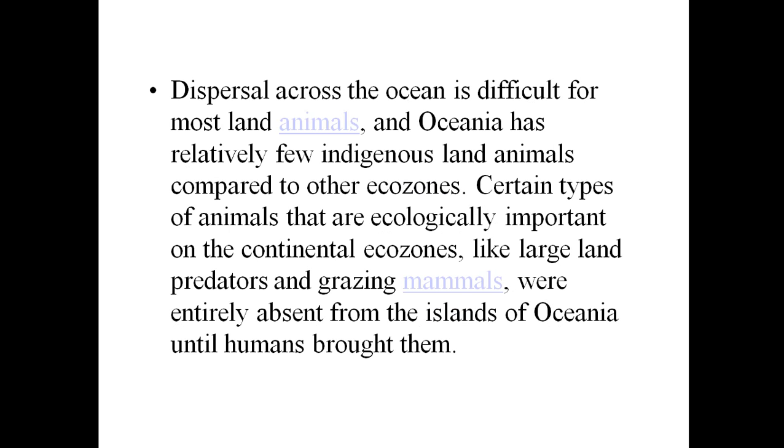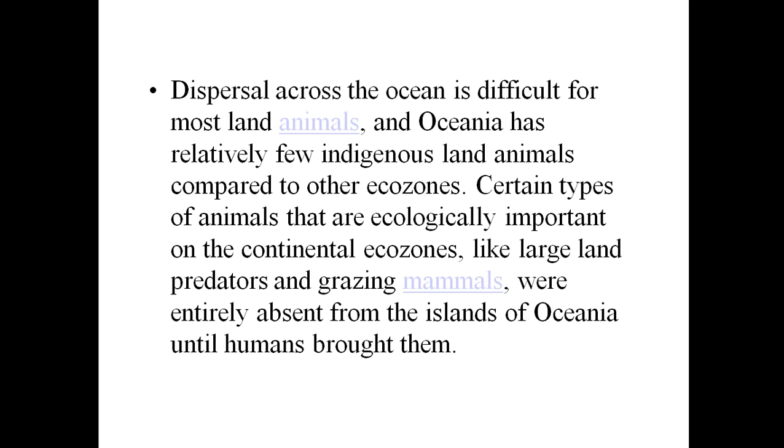See, this being an island, groups of island, dispersal across the ocean is difficult for most of land animals. As a result, few indigenous land animals are there compared to any other ecozone. But there are certain animals which are ecologically important, like large land predators and grazing mammals, are entirely absent in the islands of Oceania until the human beings brought them in.